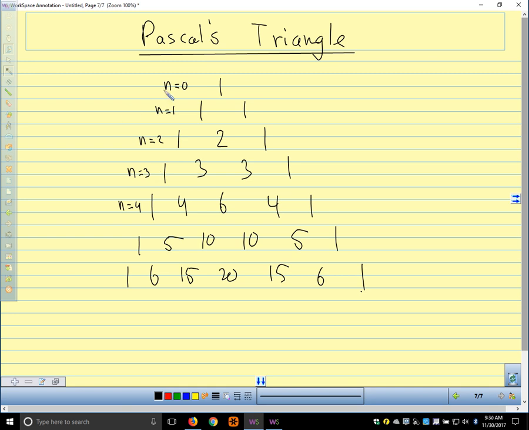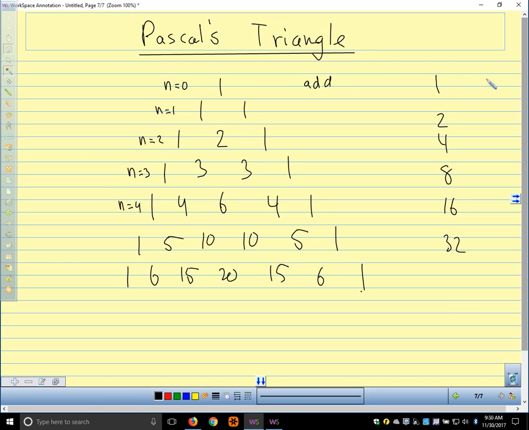One of them is if we add the numbers in the row. If I add all the numbers in the first row, I get 1. If I add the numbers in the second row, 1 plus 1, I get 2. Here I get 1 plus 2 is 3, I get 4. Here I get 6 plus 2, I get 8. Here I get 16, 32.